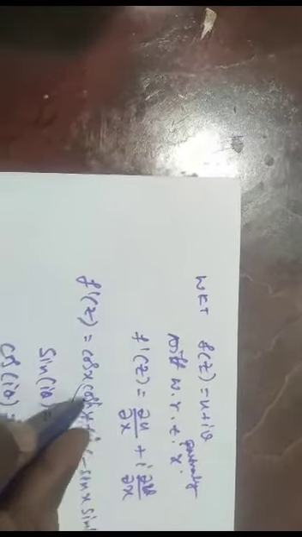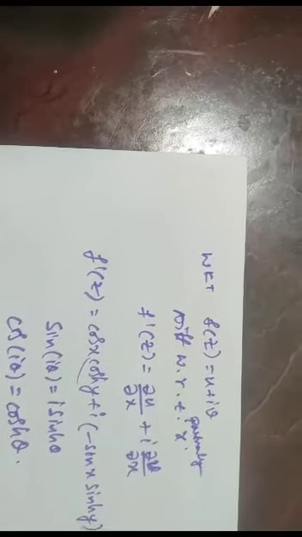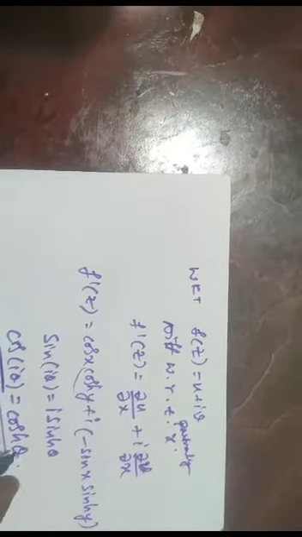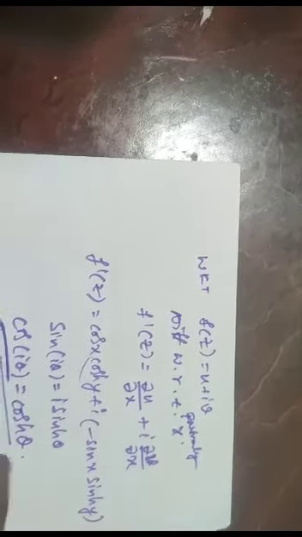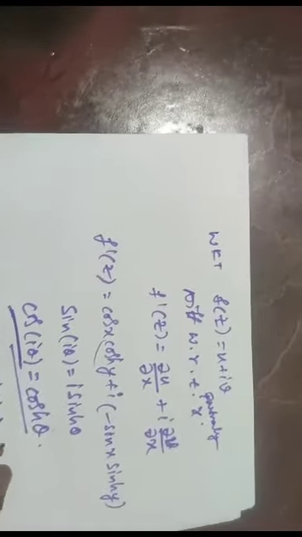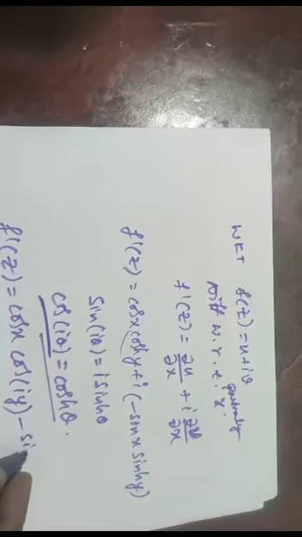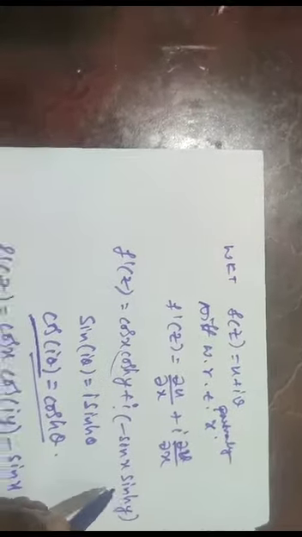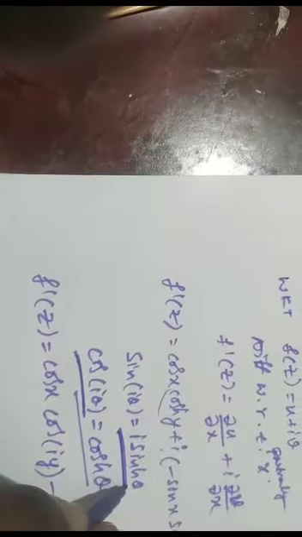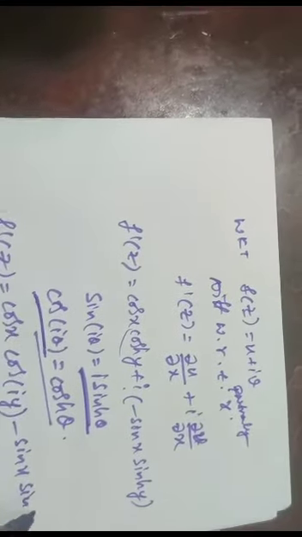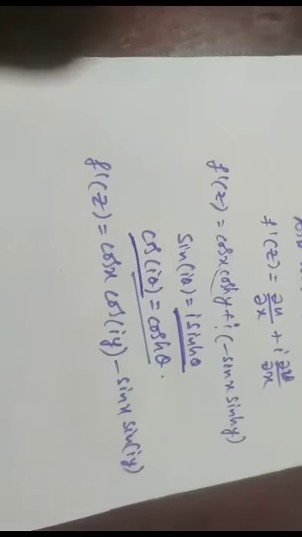In place of cos hyperbolic y, we have to write cos iy, since cos hyperbolic theta is cos i theta. Here plus i into minus, write sin x as it is. In place of i sin hyperbolic y, using the sin hyperbolic theta formula, i sin hyperbolic theta can be written as sin i theta, so i sin hyperbolic y can be written as sin iy.